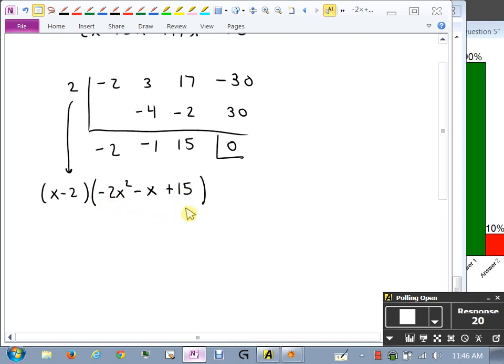So what you could do is take that negative and factor it out and put a -1 sitting out here, and then change it to 2x squared plus x minus 15. So you change the signs of everything in here by taking a -1 out of the whole thing. Does that help? Maybe, maybe not.